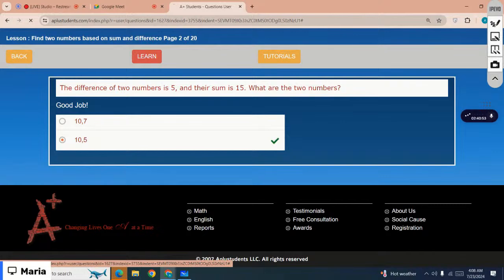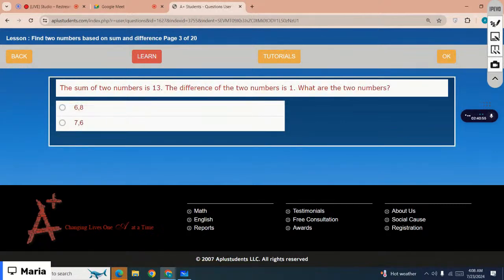Okay. The sum of two numbers is 13 and the difference of the two numbers is 1. What are the two numbers?